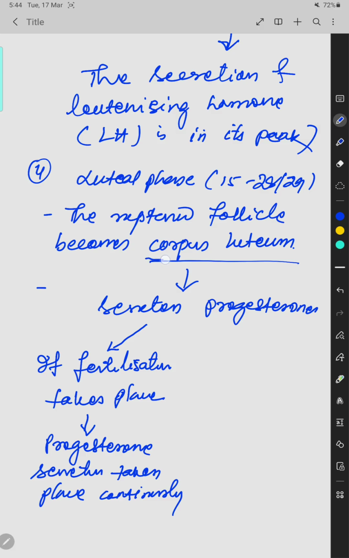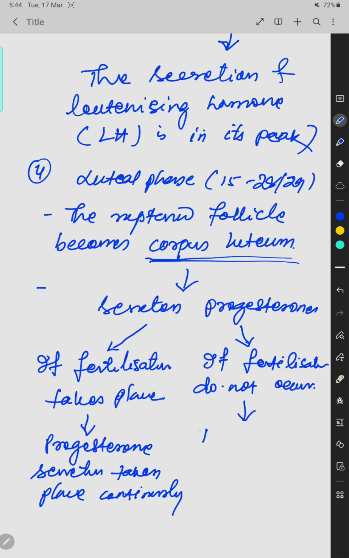That means the corpus luteum is active. Now if fertilization does not occur, then the corpus luteum degenerates.